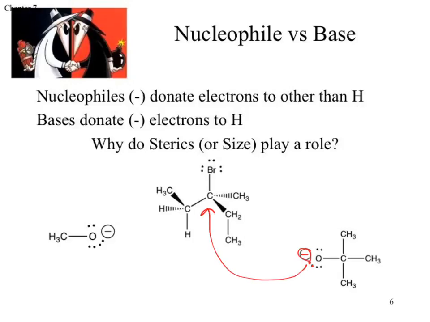Which of these two species would be the better nucleophile to attack that carbon? Left or right? The left one. Why? There's not as much junk in the way. That other junk is going to prevent that nucleophile from actually getting in and being able to attack.